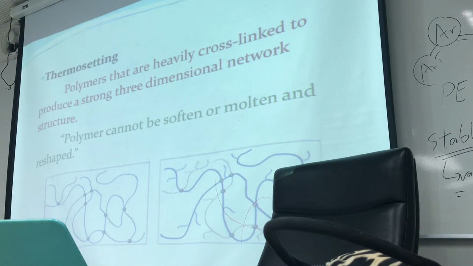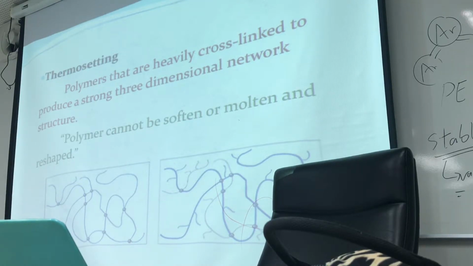It can be hard for us to melt it and reform it, because sometimes we heat it and it already becomes carbon. So the one with lower melting temperature tends to be thermoplastic, and the one with high melting temperature that is so hard to reform is thermoset.